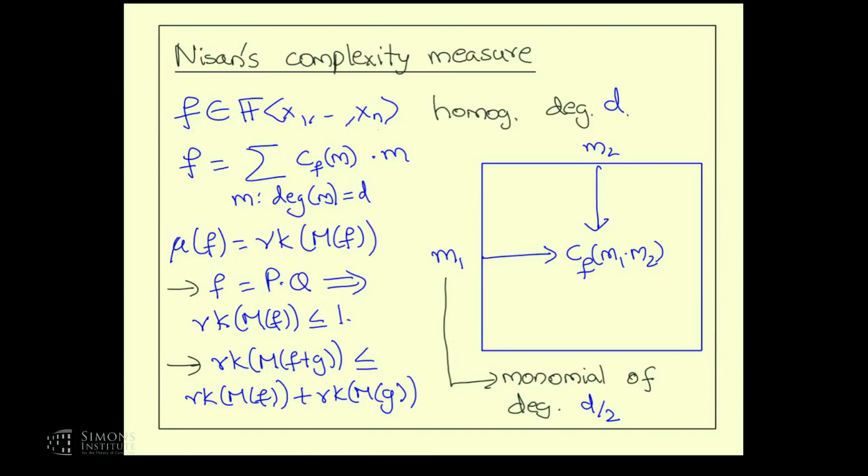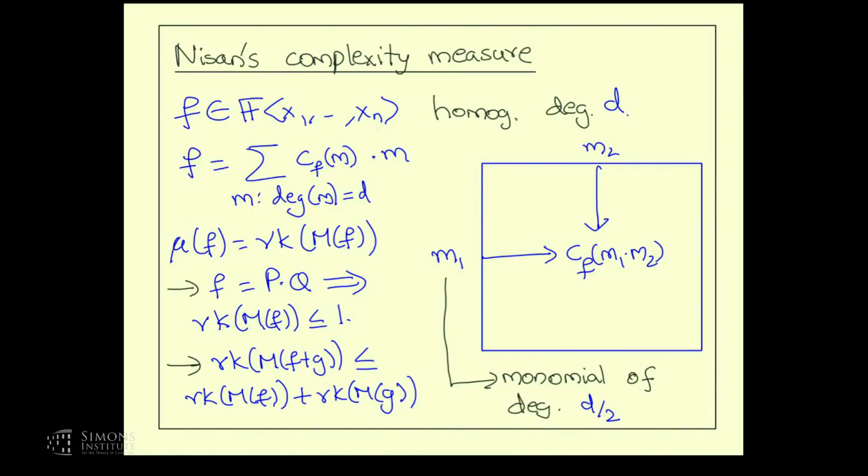The second property was that this complexity measure is subadditive. I want the complexity of f plus g to be at most the complexity of f plus the complexity of g. And this is immediate from the definition of matrix rank. The matrix corresponding to the sum of two polynomials is the sum of the corresponding matrices for each polynomial. So m of f plus g is just m of f plus m of g.